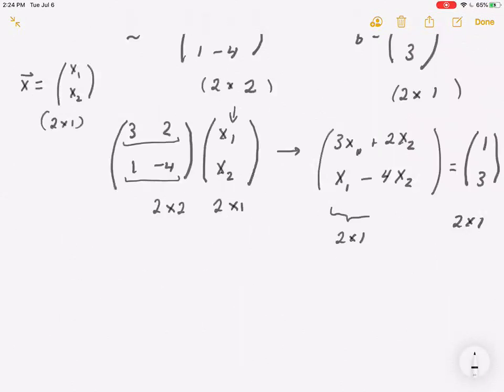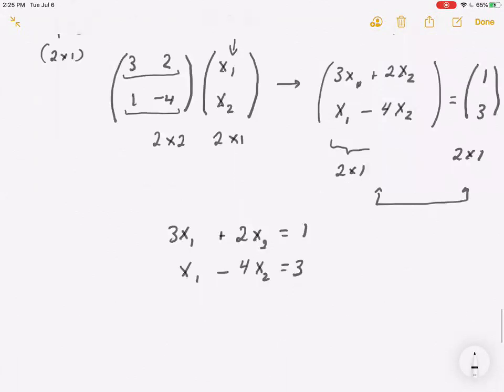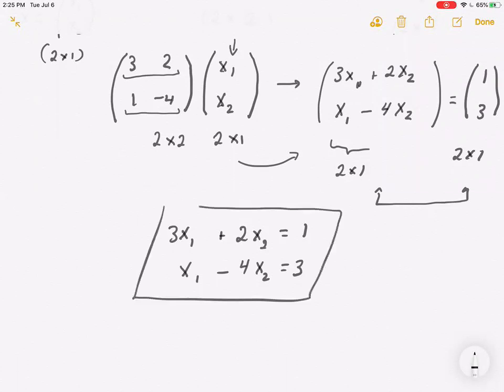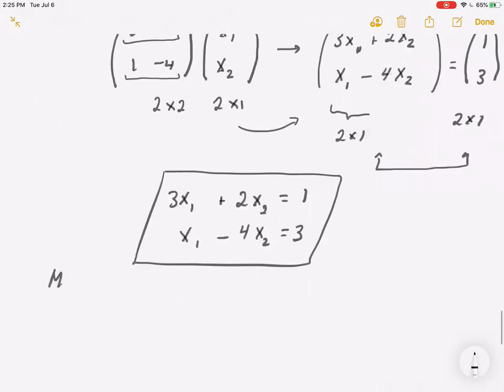Now you can see something very interesting. If you in fact equate these two, you get back the original system of linear equations. So this definition of matrix multiplication leads to a natural way of expressing our original set of linear equations. And that's the justification for it.